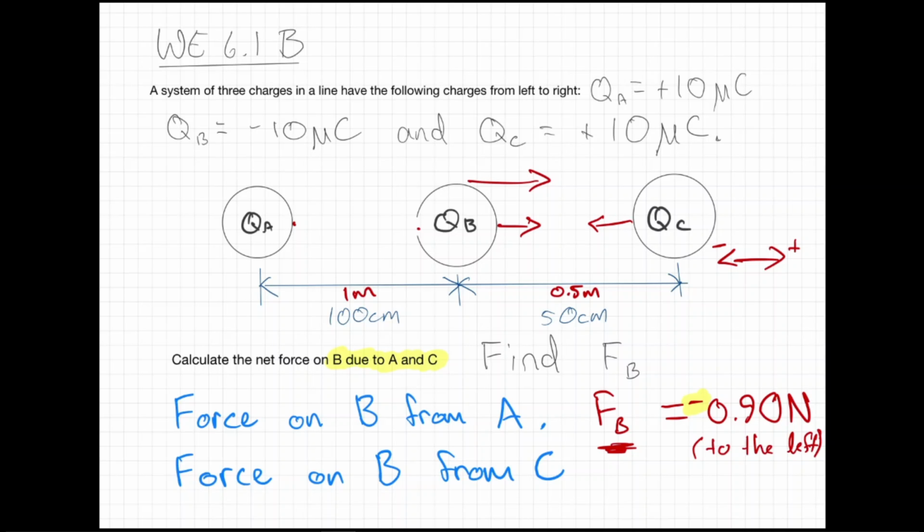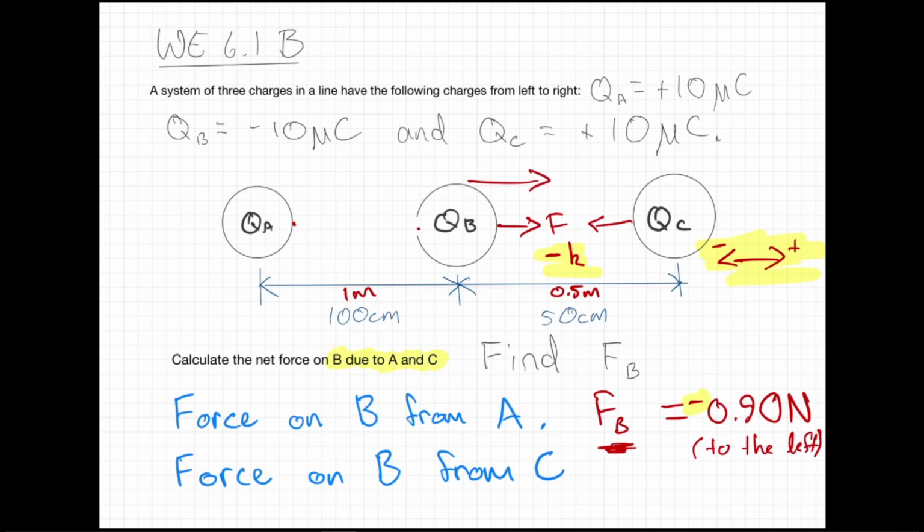Now, when you calculate that force, because you've got a negative and a positive charge, you're going to get a negative answer, some negative number, negative K, let's call it. That just means that the force is attractive. It doesn't refer to our established frame of reference. It's a different negative there. That negative is just telling us it's an attractive force.